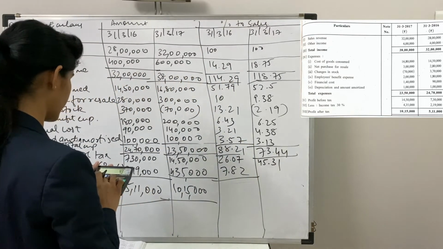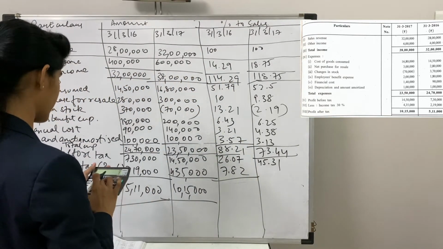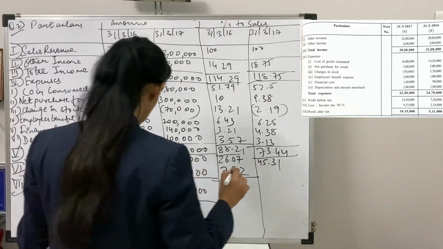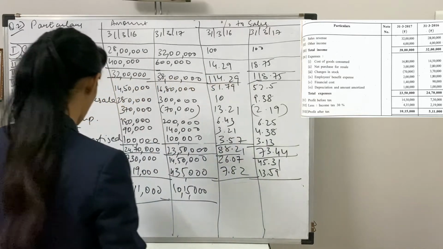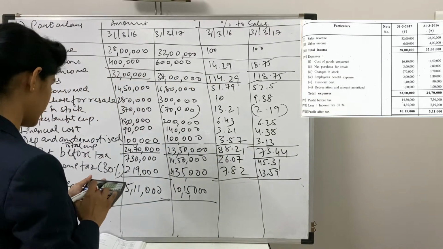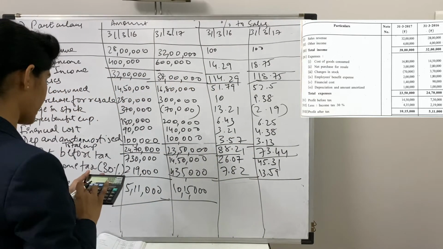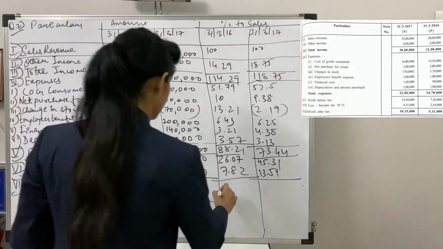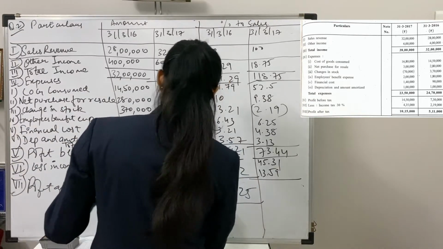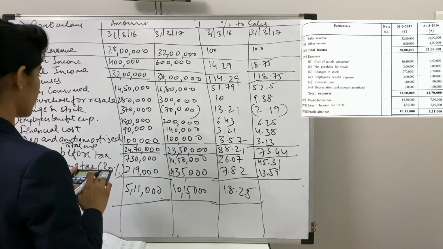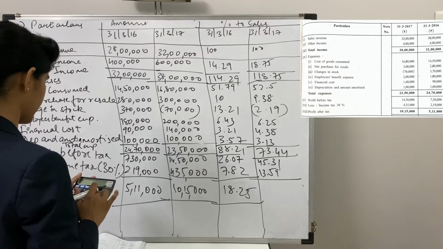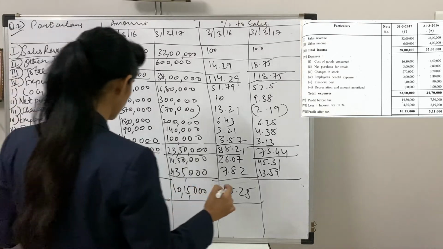Next is your 4 lakh 35,000 into 100 divided by 32 lakh, 13.59. So now last 5 lakh 11,000 into 100 divided by 28 lakh, 18.25. Next is your 10 lakh 15,000 into 100 divided by 32 lakh. You're getting 31.70.